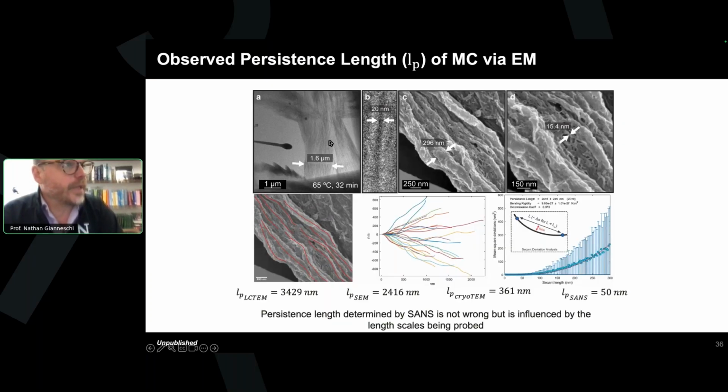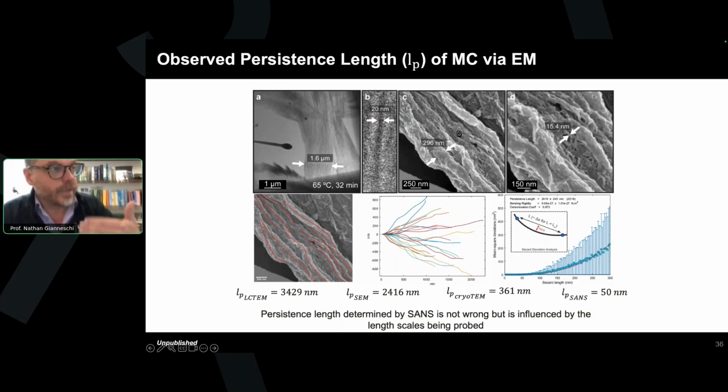This can then be analyzed. This was done together with another graduate student of mine, Lauren Erie at Northwestern, to look at many fibrils and fibers from both the liquid cell experiments and our SEM measurements in order to get a better idea of persistence length with better statistics. Again, we're looking at, call it, 3.5, 4 microns.